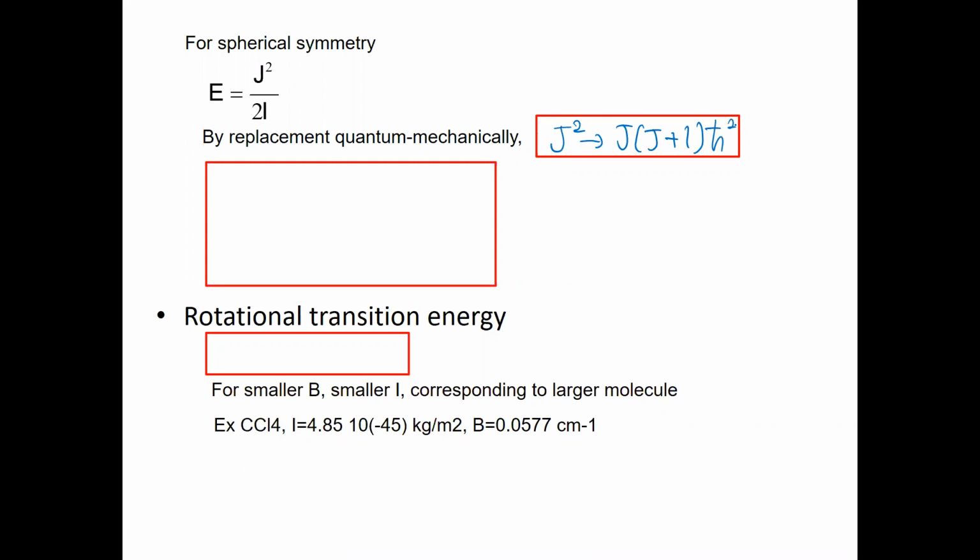So suddenly J was originally a continuous value, but here J is an integer number. So suddenly this energy is quantized, and this kind of replacement sometimes happens, and it is very useful.